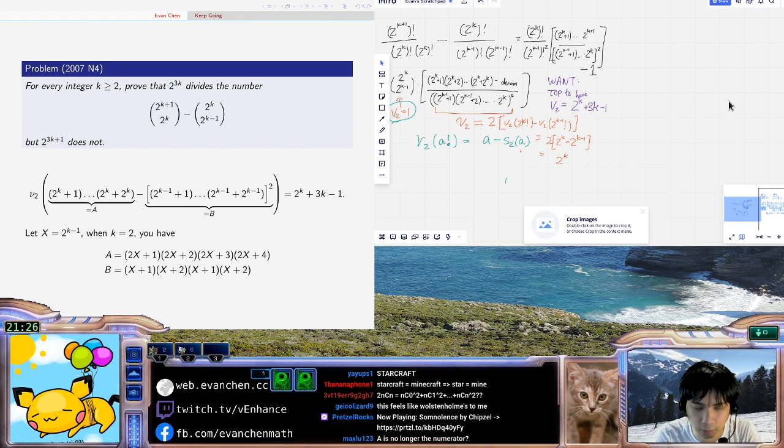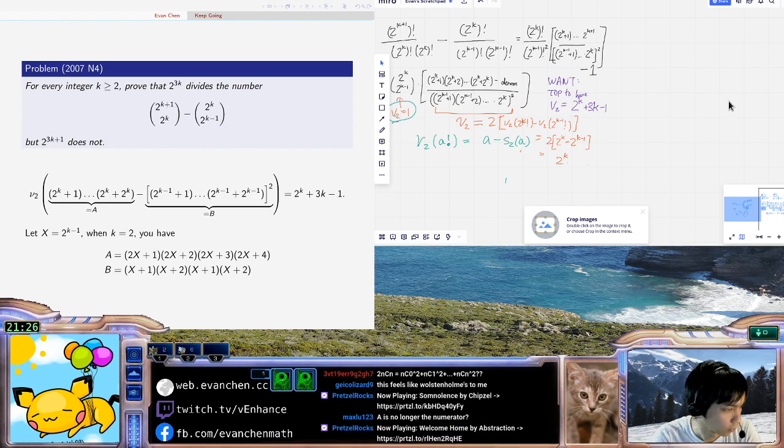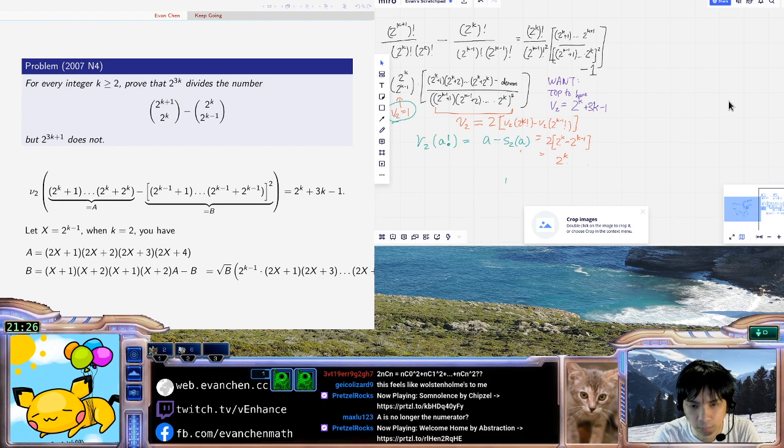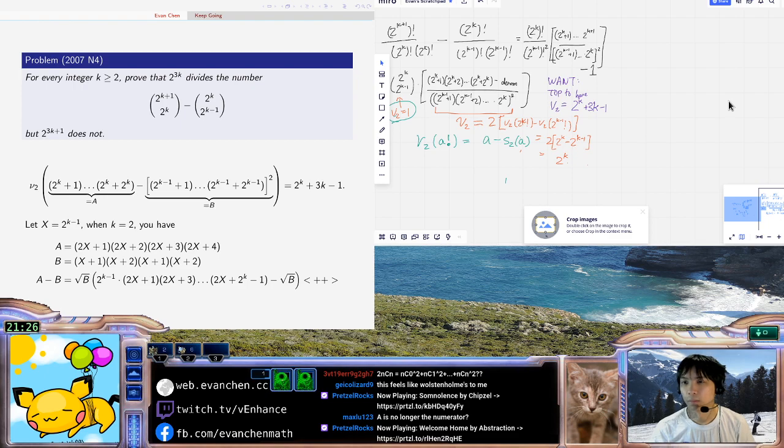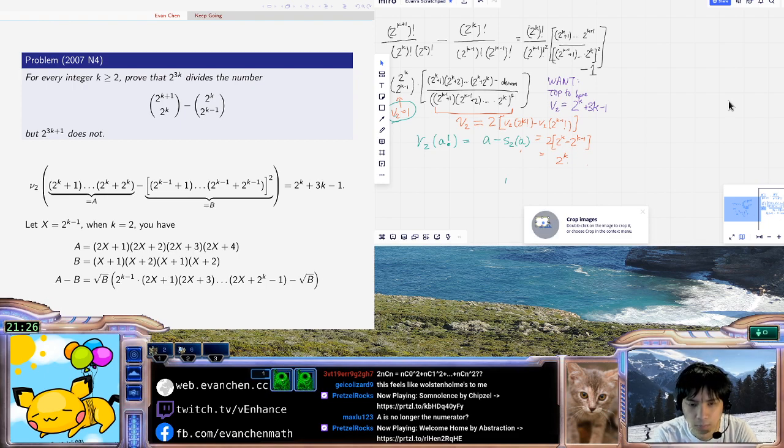I guess it's like half the number of terms, so 2 to the k minus 1, and then times 2x plus 1, 2x plus 3 is to the k minus 1.